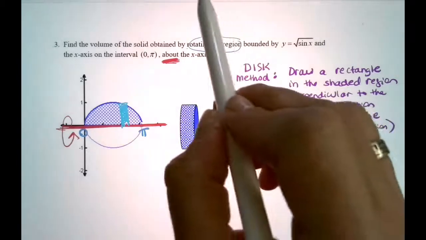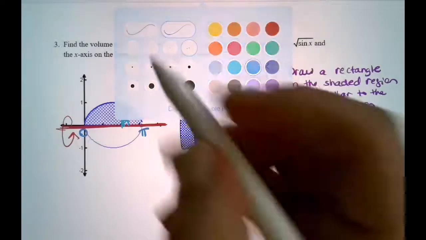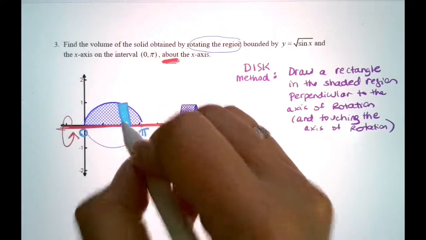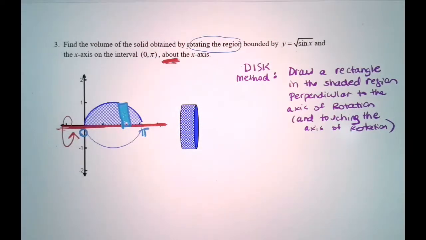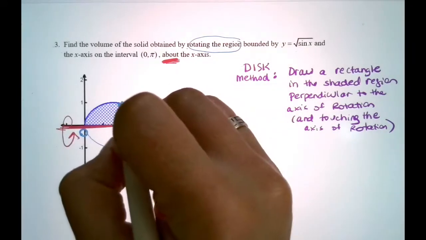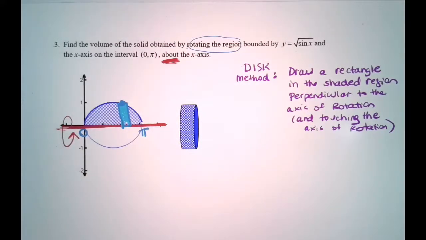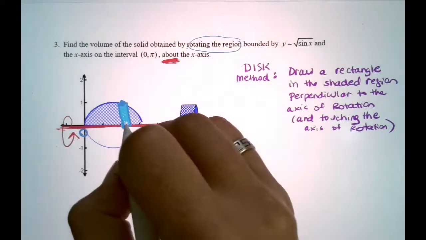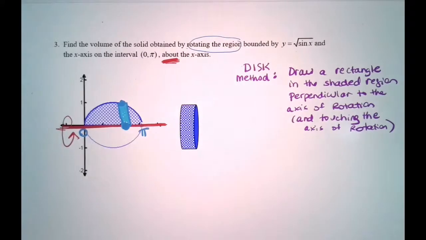And let's go ahead and highlight it. Maybe I should use a different color. But there's my rectangle. It is perpendicular to the axis of rotation. It is touching the axis of rotation. It is consistent, meaning the top endpoint of that rectangle is always on the square root of sine x function, and the bottom of that rectangle is always anchored on the x-axis, which happens to be your axis of rotation.